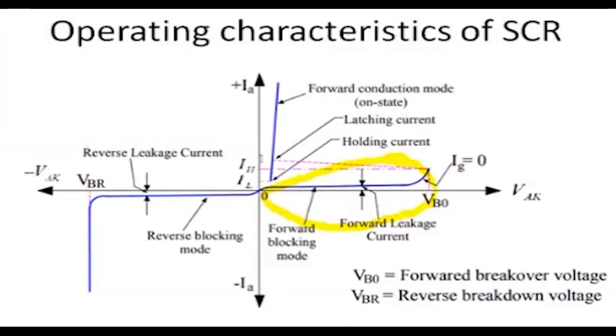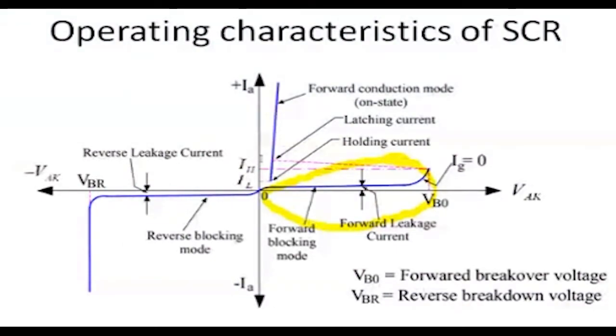You have forward biased the SCR, but it is under blocking state. That's why it is called forward blocking mode. Everybody understood that?